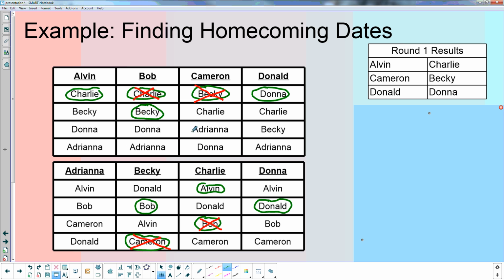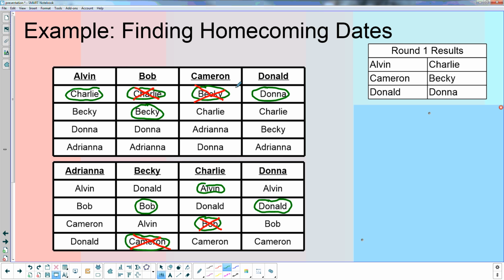Now, to kind of make sense of the algorithm, even though Alvin and Charlie are paired and Donald and Donna are paired, and they don't actually get rejected, we don't really worry about them in terms of this example.